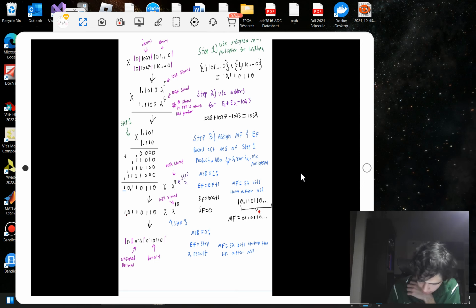So that's why I use these. So MF will be the 52 bits starting after the most significant bit. So MF is all of that. And then, because we shifted it, we need to add one to the previously calculated exponent. So we add it, and we do that. So that's if the most significant bit is 1. And then using that, that's our value. And then we got our sign.